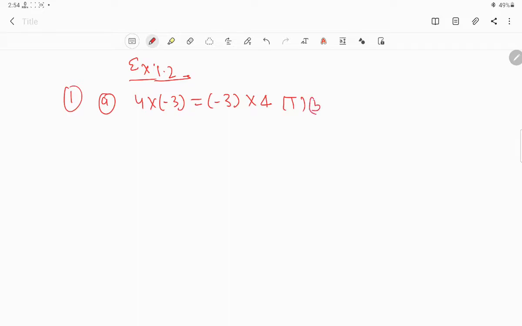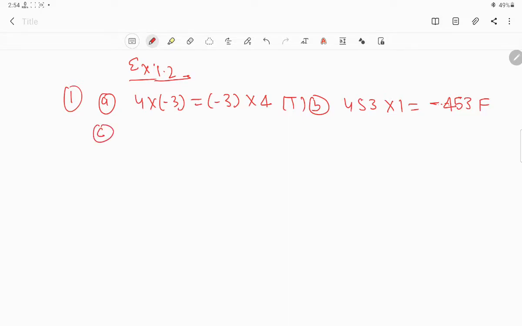Now see B. 453 into 1 is equal to minus 453. This is wrong because any number multiplied by 1 gives itself, but here it is coming minus, so this is false.